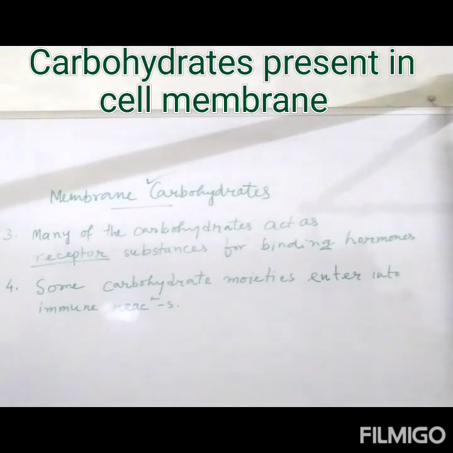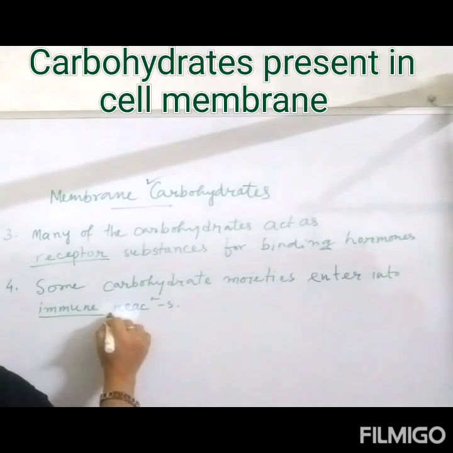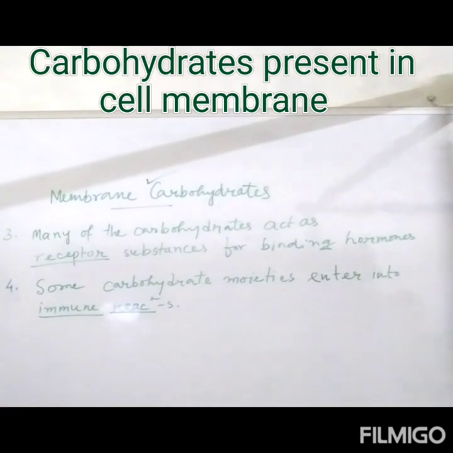When bound, this combination activates attached internal proteins that in turn activate a cascade of intracellular enzymes. So this is one of the major functions, and some of the carbohydrate moieties enter into the immune reactions also, and they help in the immune response of our body.